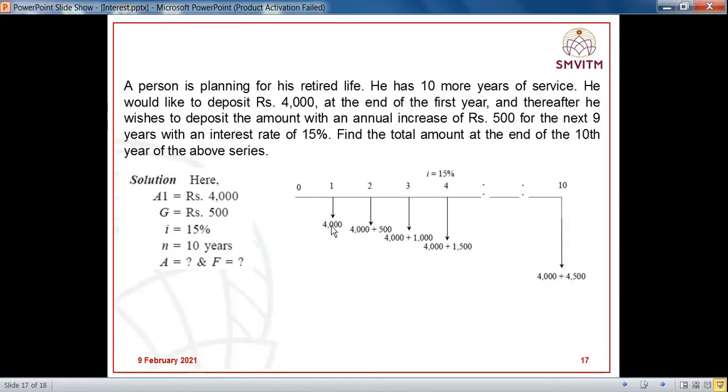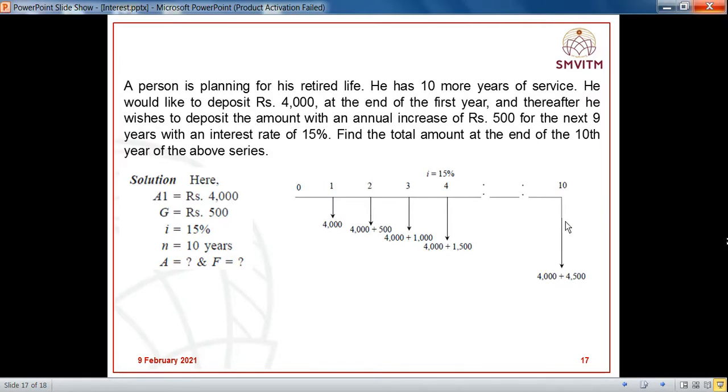That is, the first year 4000, then 4500, 5000, 5500, and at the end of the 10th year 4000 plus 4500, that is 8500 rupees, with an interest rate of 15%. Find the total amount at the end of the 10th year of the above series, that is F.